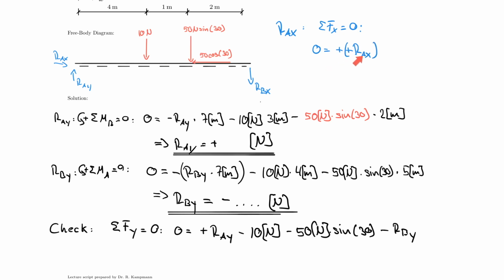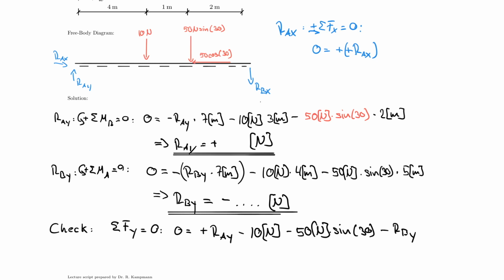This one here says that my RAX is positive in the sketch sense, right? So I sketched it positive, but it's also positive in my directional sense, which I did not indicate here. So now I indicated it. This positive comes from here, whereas this positive comes from the sketch. And that sometimes helps me to check myself.